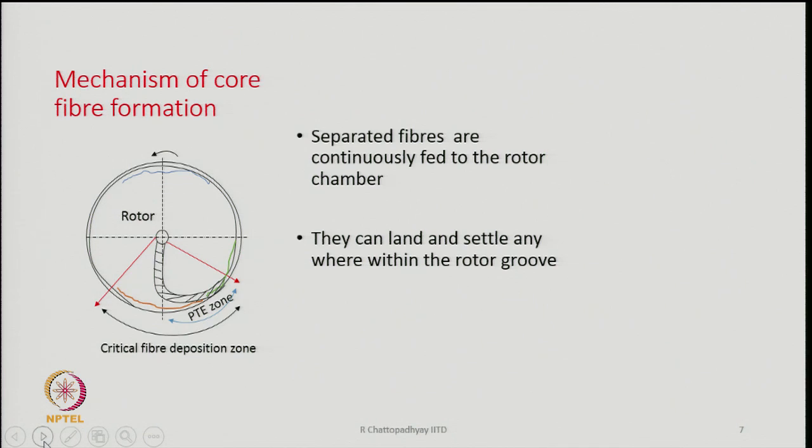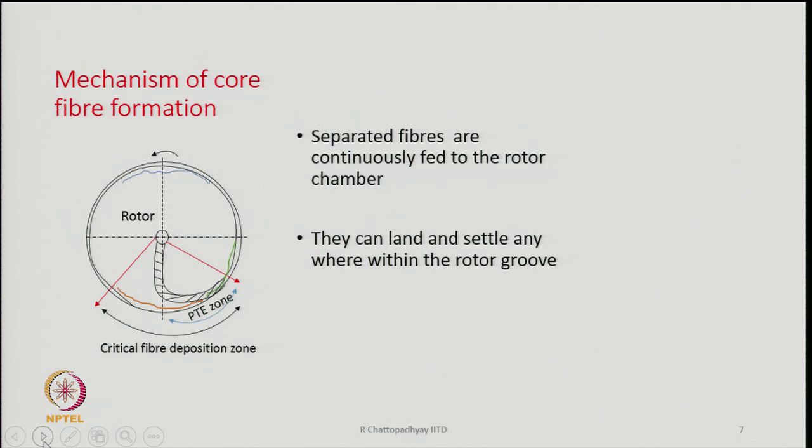When they enter the rotor spinning chamber, the entry point is fixed in space, but the rotor chamber keeps on rotating at a very high speed. So, the fiber can land anywhere within the rotor.